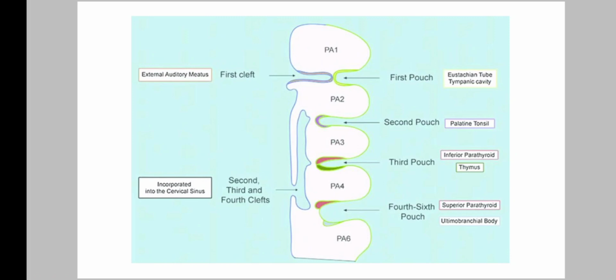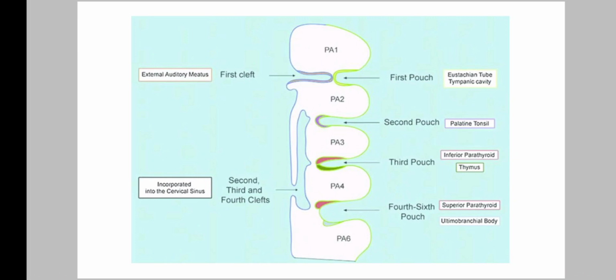On the inside, there is the first pharyngeal pouch. Its derivatives are the Eustachian tube and tympanic cavity. Then there is the 2nd pouch between the 2nd and 3rd pharyngeal arch. It gives rise to the palatine tonsils.